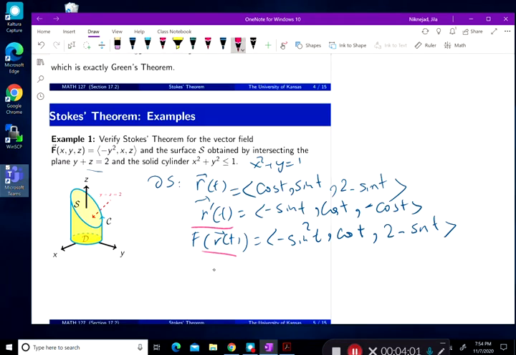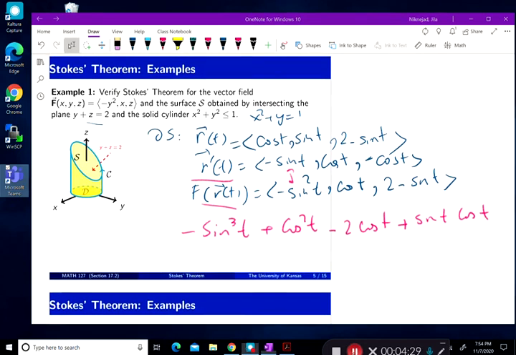So these two multiplying gives negative sin³ t, these two multiplying gives plus cos² t, these two multiplying gives negative 2 cos t plus sin t cos t, and then the integral after that.